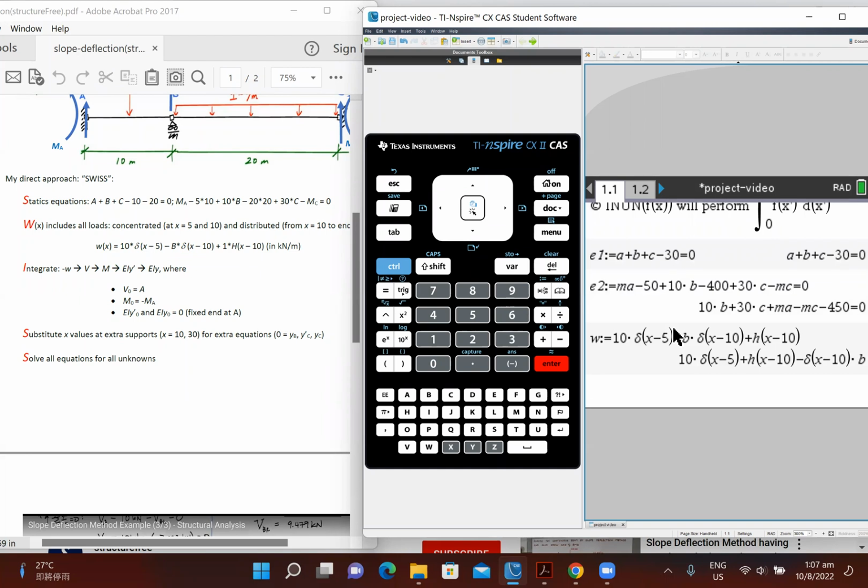The rest is just mechanical integration, which I will do all in one line. So V is going to be its initial value, which is A, plus the integration of minus W. Notice that because W contains these special functions that this calculator doesn't know how to integrate, I have put in an in-house program for their integration through this function called INUN, integration of unit step functions.